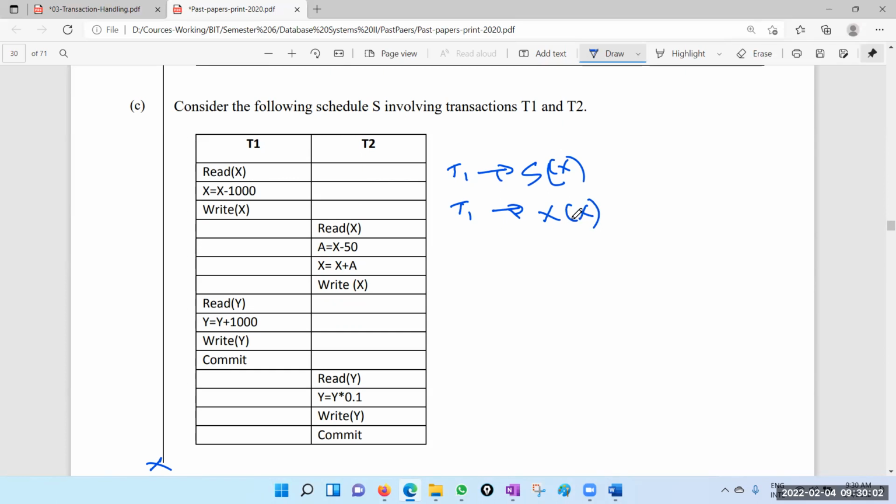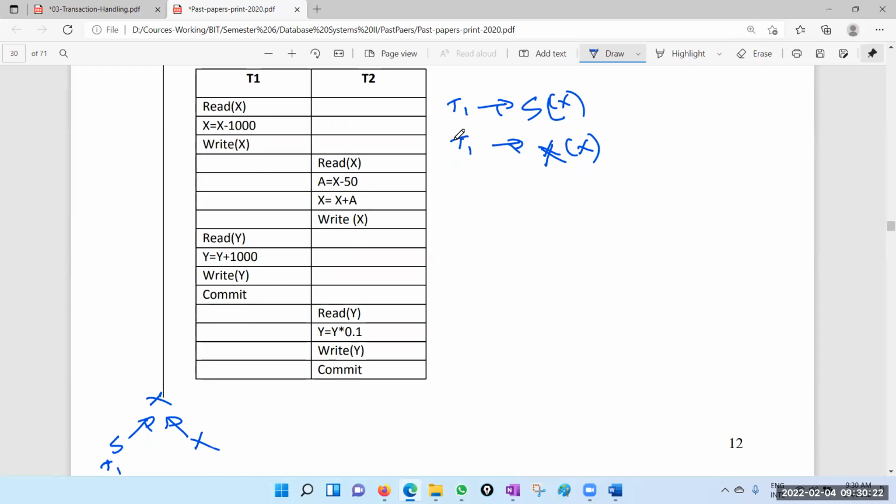Usually the examiner doesn't care about upgrades. He will mostly just say you have the exclusive lock as well. In reality maybe you will release it, but for the time being, let's say transaction 1 now has both the shared lock and the exclusive lock of X. Let me write it a little smaller.